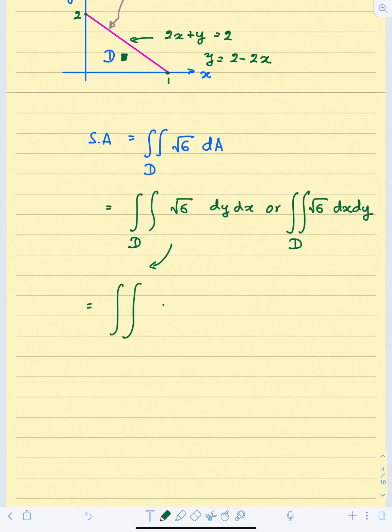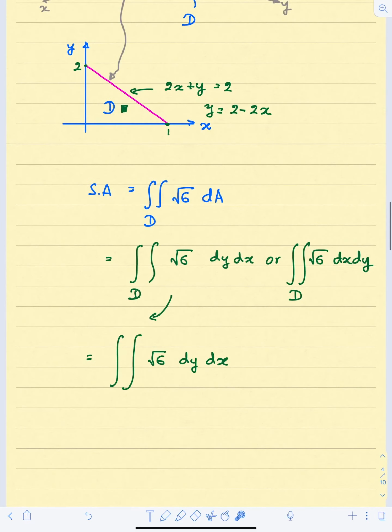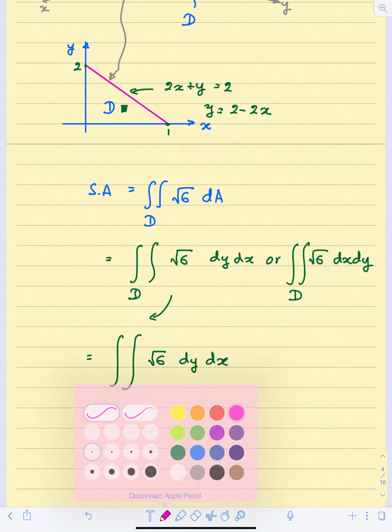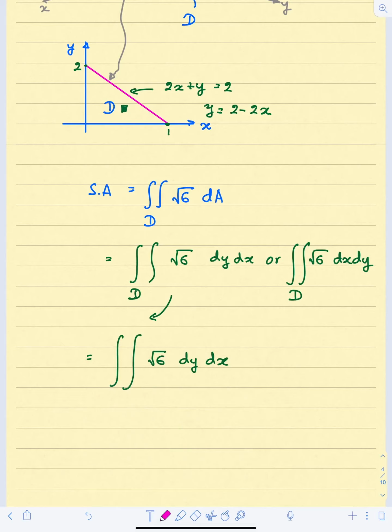If I consider the first option, now we need to find these four limits. We know that the outer integral must contain the constants. If you go back to this xy plane, we know that x goes from 0 to 1. Therefore the limits of the outer integral are 0 and 1.